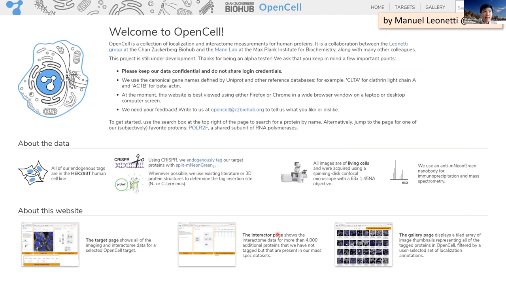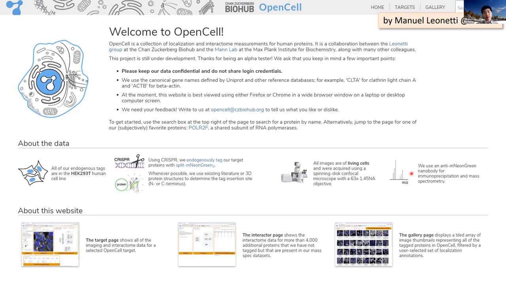Manu has taken the split fluorescent protein tagging system, and has been scaling up, establishing a highly scalable CRISPR tagging pipeline to generate so far over 1,500 cell lines, HEK293T cell lines that have endogenously tagged proteins, and he's performed live imaging, snapshots on confocal microscope, as well as, in collaboration with Matthias Mann, proteomics analysis on all these cell lines.